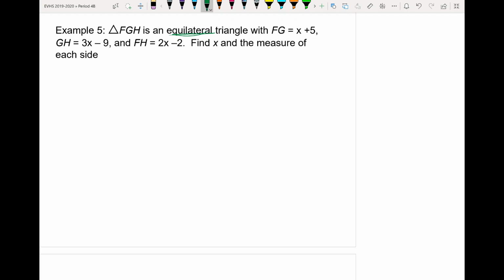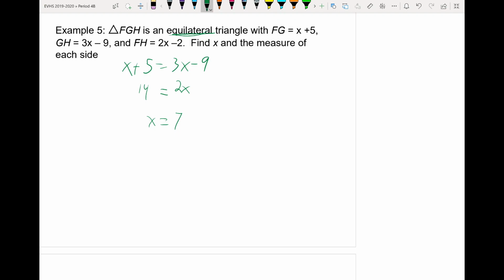Or pick 2. So x plus 5 equals 3x minus 9. So now you subtract the x, which gives me 2x equals, well, we're also going to add the 9, so that gives me 2x equals 14. So x equals 7.